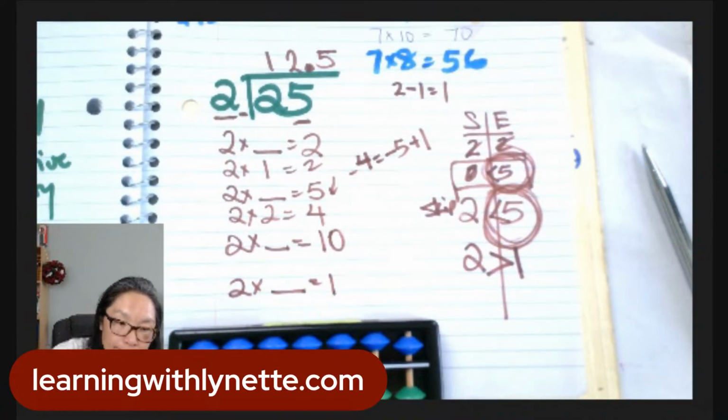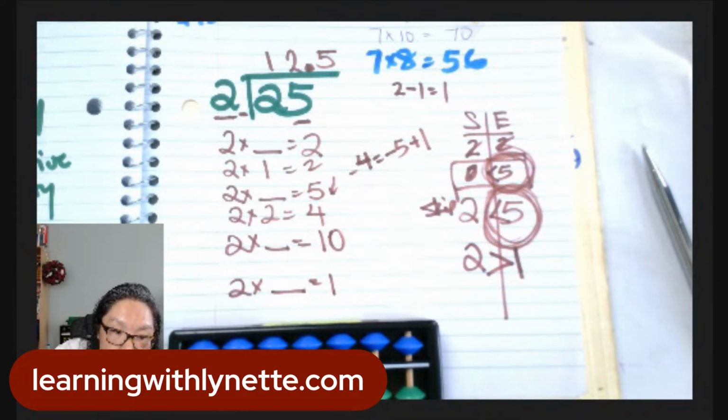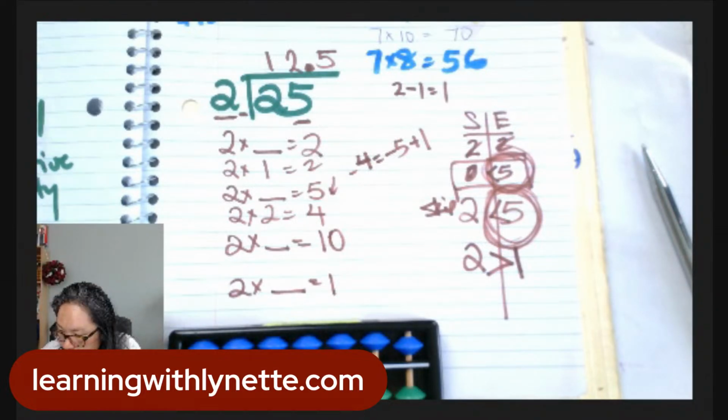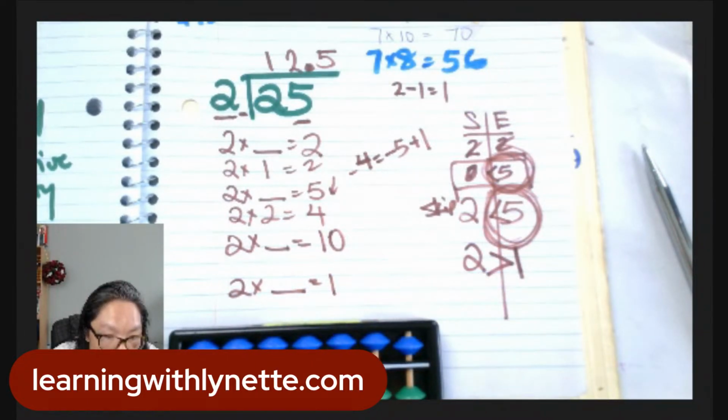That's why you have to have it as a 10. You have to make it a 2-digit number. Does that make sense? You need to make it a 2-digit number because 2 times what doesn't make sense to 1. So you add a 0.